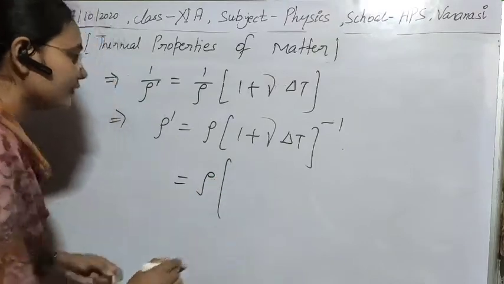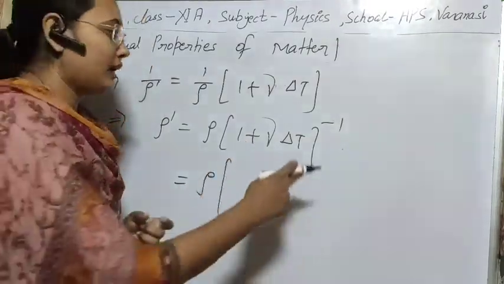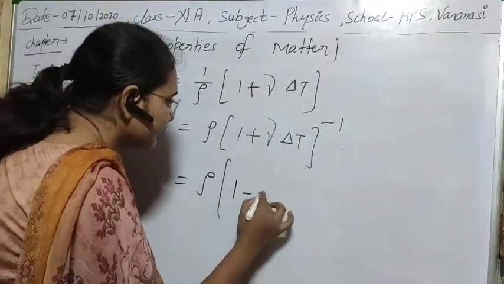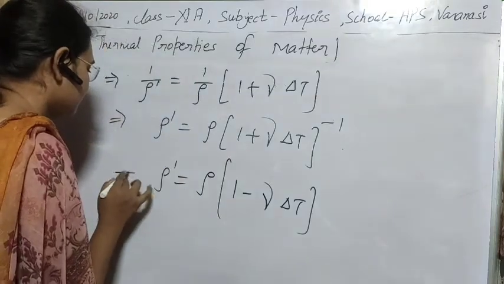If we solve it using the first order binomial expansion, then we will get rho' equal to rho (1 minus gamma delta T).